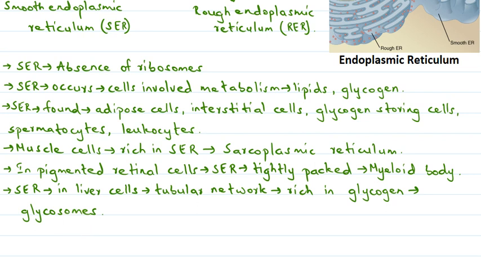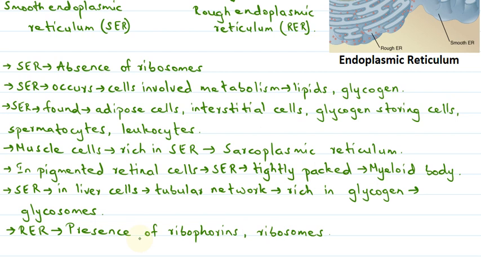Then the other type is the rough endoplasmic reticulum, that is RER. Now this rough endoplasmic reticulum is rough because of the presence of ribophorins and ribosomes. The presence of ribophorins and ribosomes gives it a rough appearance, hence it is known as the rough endoplasmic reticulum.